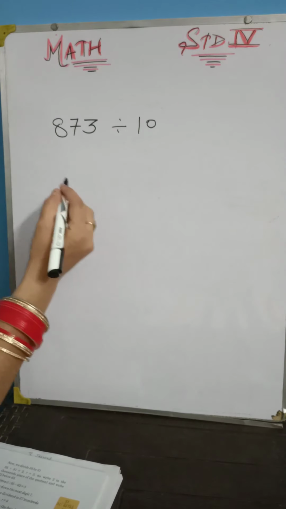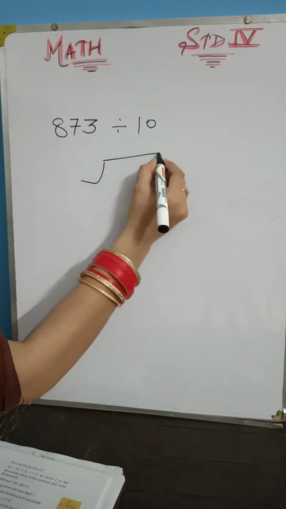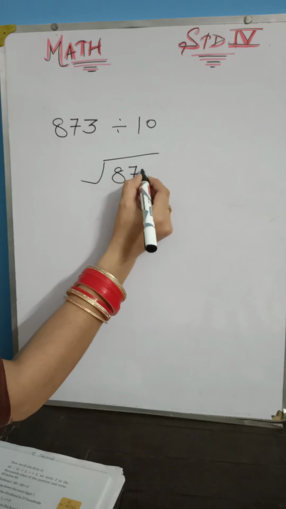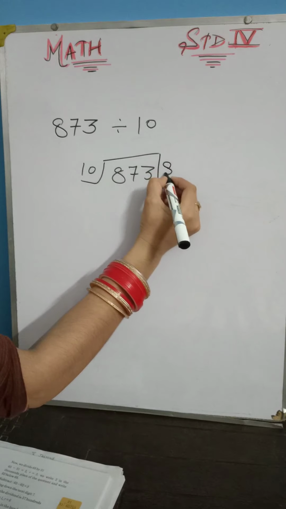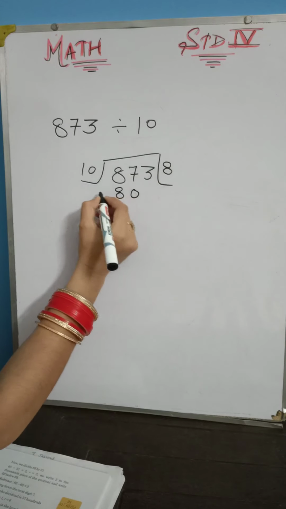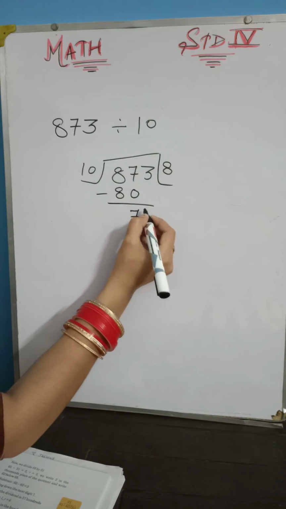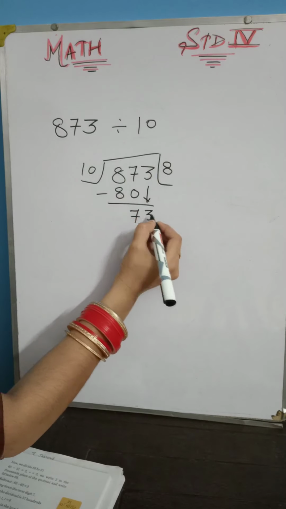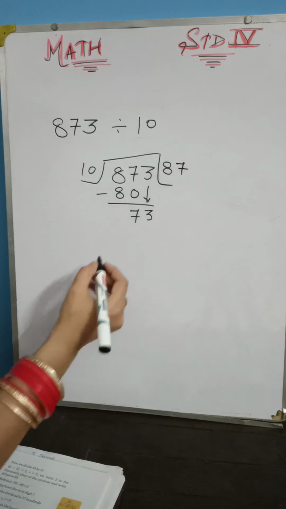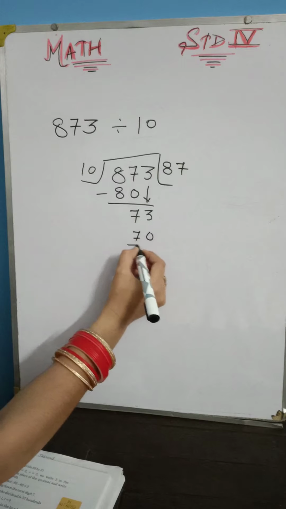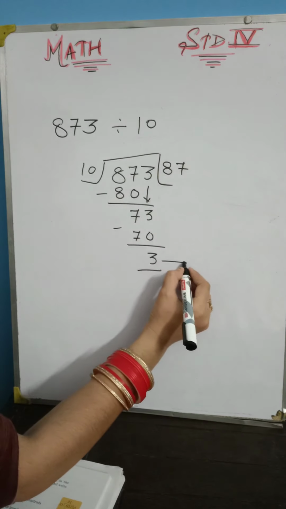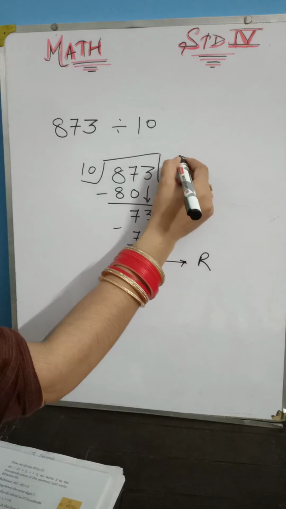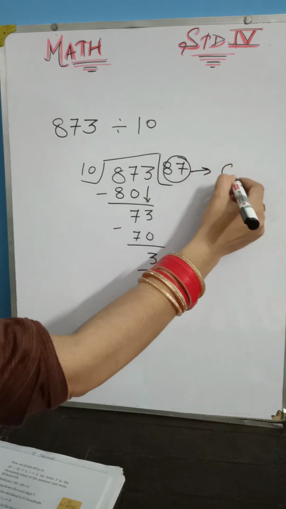So in this, if we will divide 873 divided by 10, 10 8s are 80. 3 will come down. 10 7s are 70. Answer is 3. So this is not actually answer, this is remainder and this is quotient.